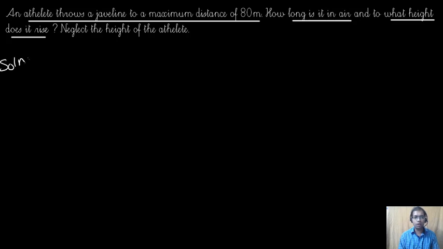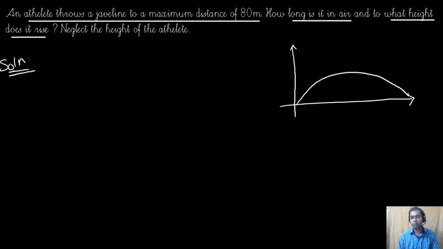So if we are looking at our solution, let us first draw a diagram. Every time, drawing a diagram helps us in understanding what is happening. So I have this as 80 meters, which is our range.